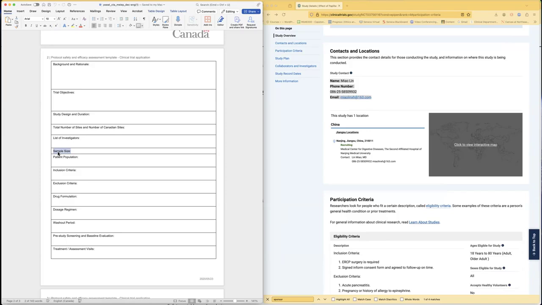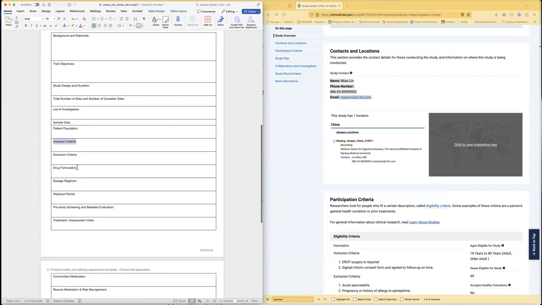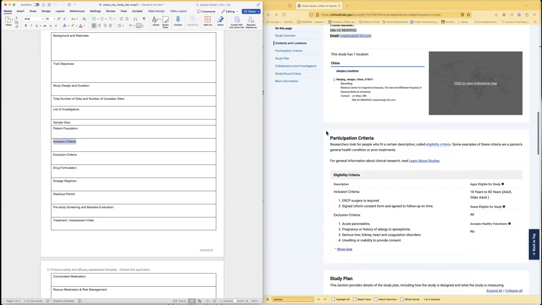results significant. Then we have another section in the PSEAT form, which is the inclusion criteria. For the inclusion criteria, we are going to go back to clinicaltrials.gov, to the web page that is showing the clinical trial that we chose related to our product.